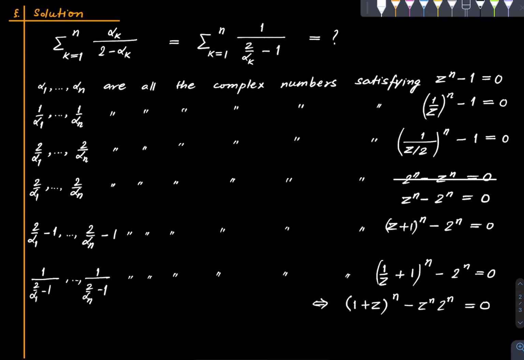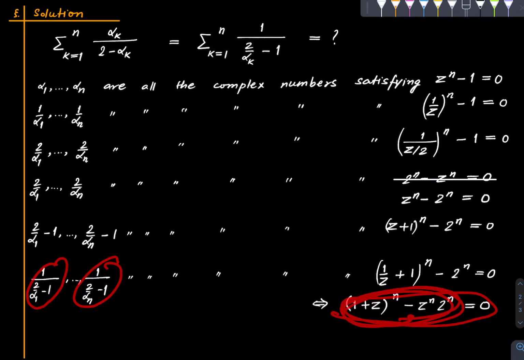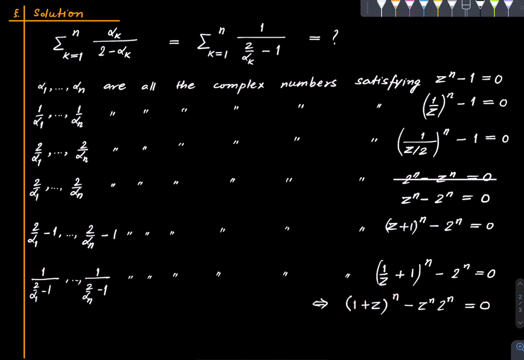So this is a polynomial equation whose sum of roots is what we are trying to find. That is the main observation now. These are all the complex numbers satisfying this polynomial equation. This thing is a polynomial. And how do you find the sum of all the roots of a polynomial equation? You collect a certain coefficient and whatnot. So that is what we are going to do.